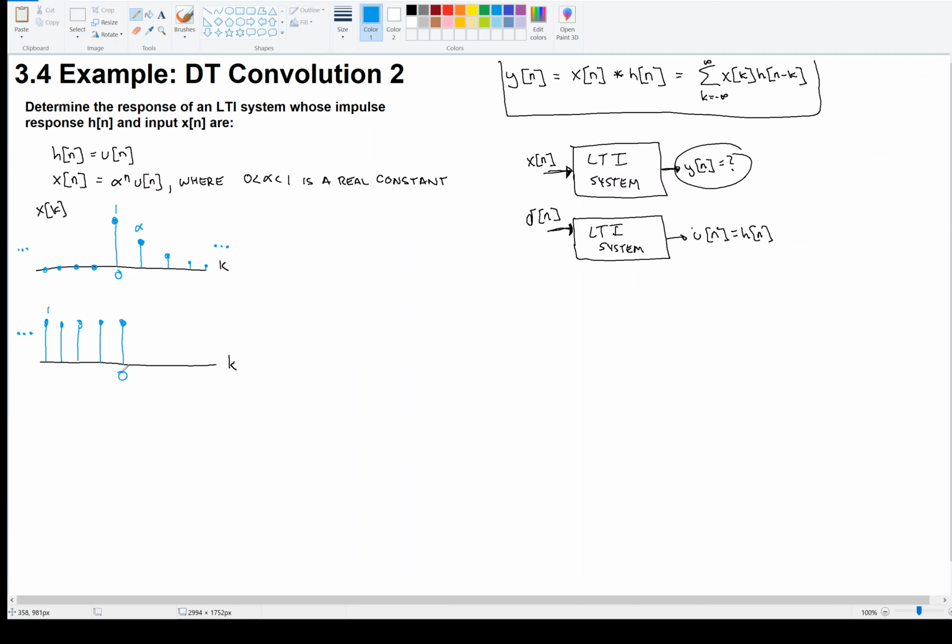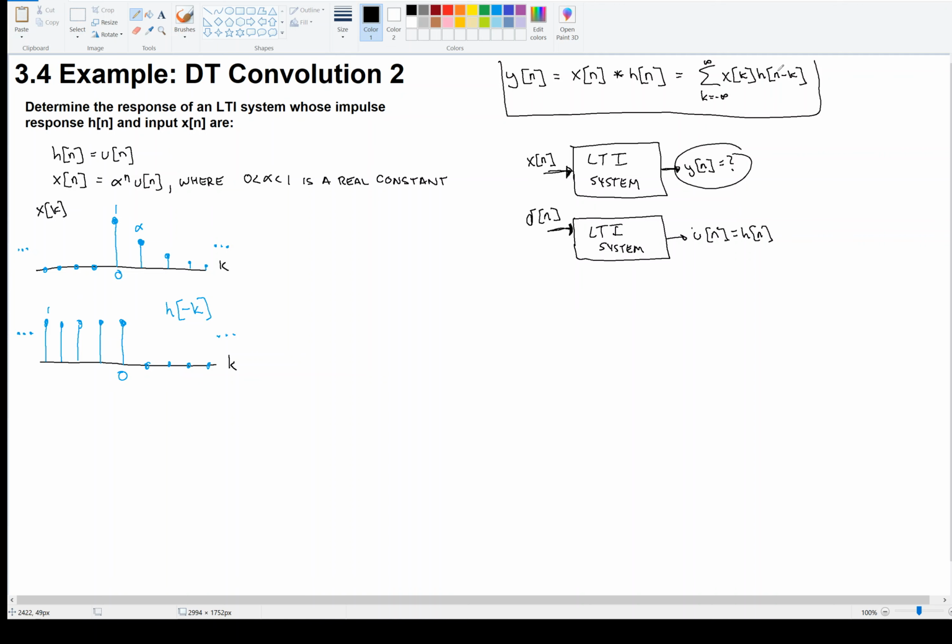So here's 0. So I've got a flipped unit step. And I'm going to label this h of minus k. All right.